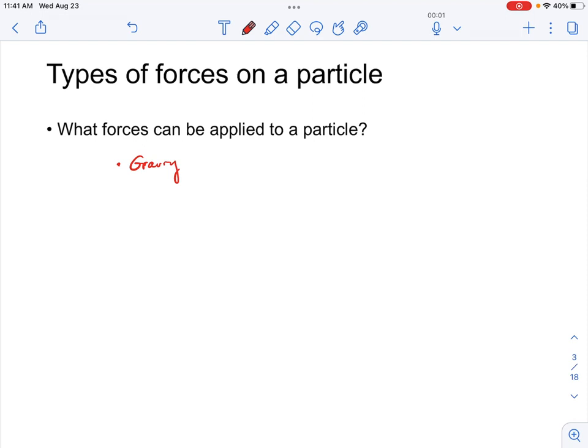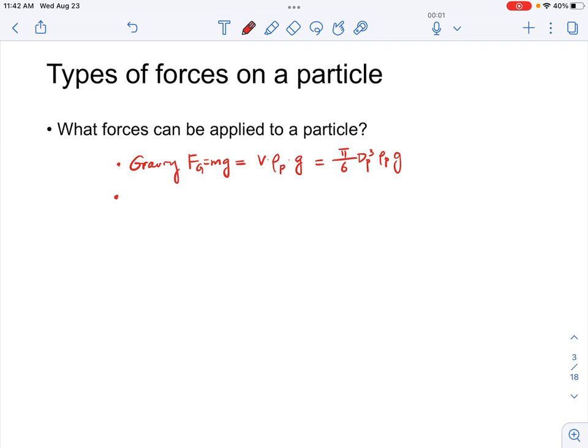Gravity can be represented as mg, right? Further, we know that the mass can be calculated by volume multiplied by the density of the particle, right, and g. Further, we can assume that all of these particles are spherical, so you can calculate the volume based on pi over 6 dp to the third, rho p g, right? And this is basically the gravitational force.